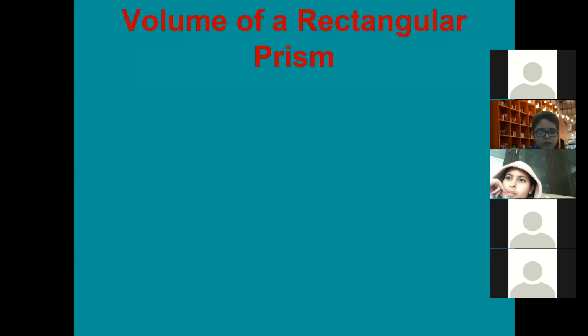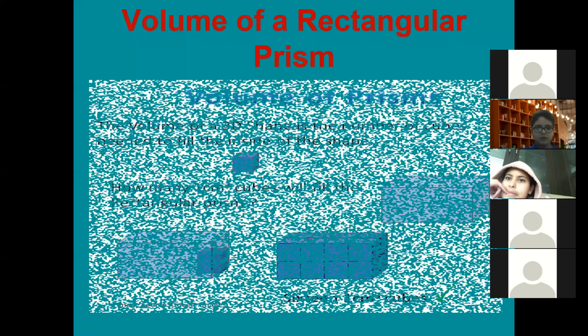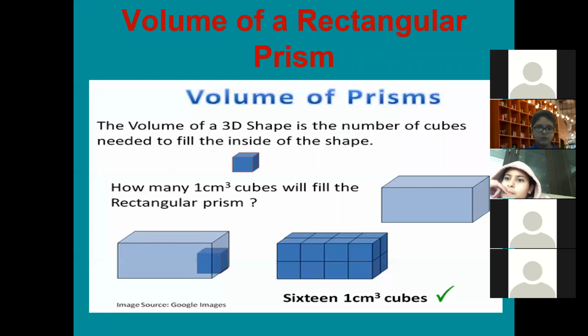Now let us see how to find the volume of a rectangular prism. It is the same as last lesson when you learned about finding the volume of a cube, except instead of a cube, it's a rectangular prism. The volume of a three-dimensional shape is the number of cubes needed to fill the inside of the shape. Can you see the shape in the light gray color?